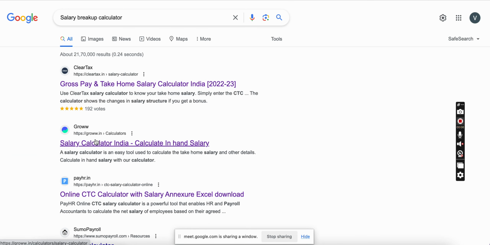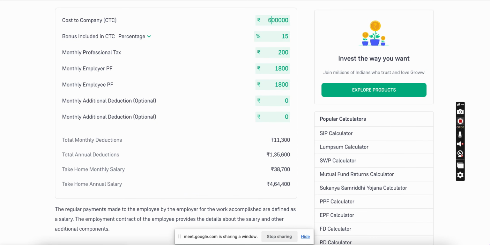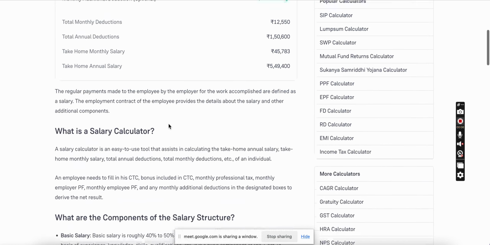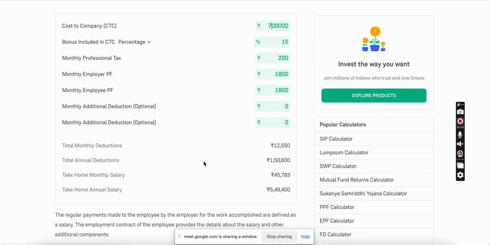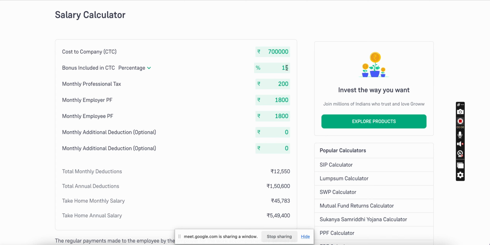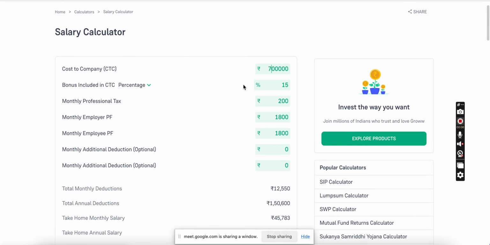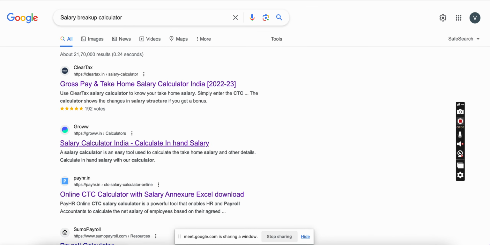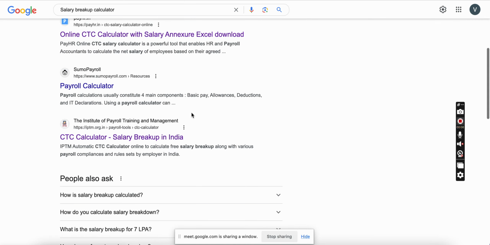Then also here you can't even change things. See, you have no clarity. You cannot give this breakup to your employee, or even you will not understand what is your PF, what is the employer PF, where is the statutory bonus, where is the special allowance, how to enter minimum wages, right? So these are just simple calculations they have given just to estimate. It is not the actual calculation how an HR uses. Correct.